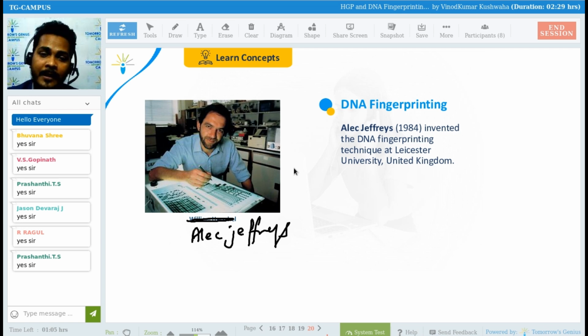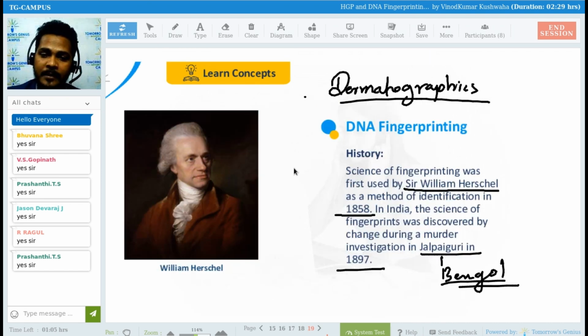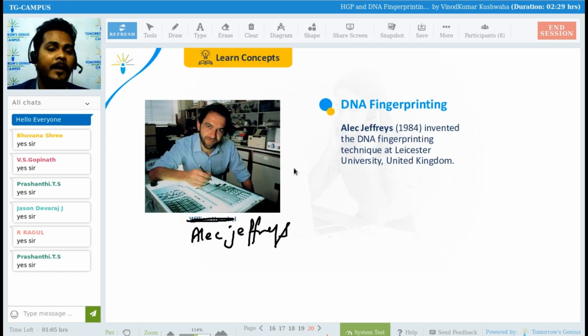But fingerprinting started in 1897, as the science of fingerprints was discovered by chance during the murder investigation in Jalpaiguri. The actual DNA fingerprinting technique was invented by Alec Jeffrey in the United Kingdom. Clear?